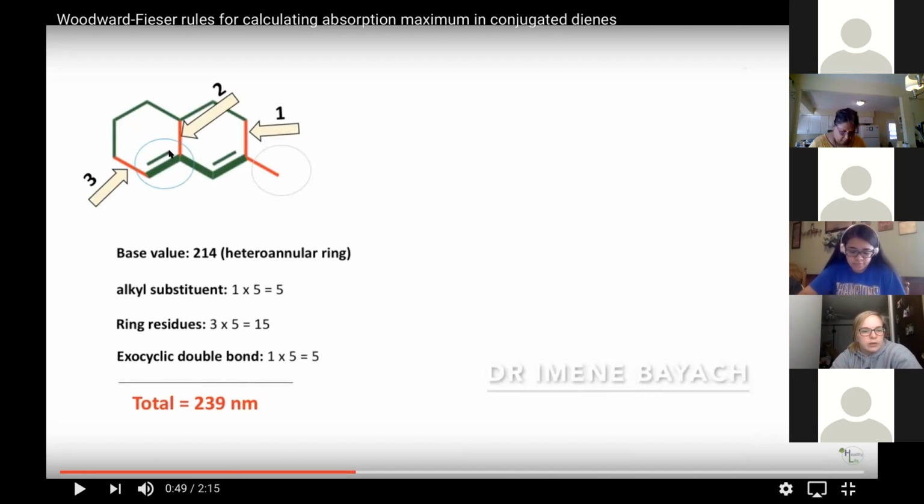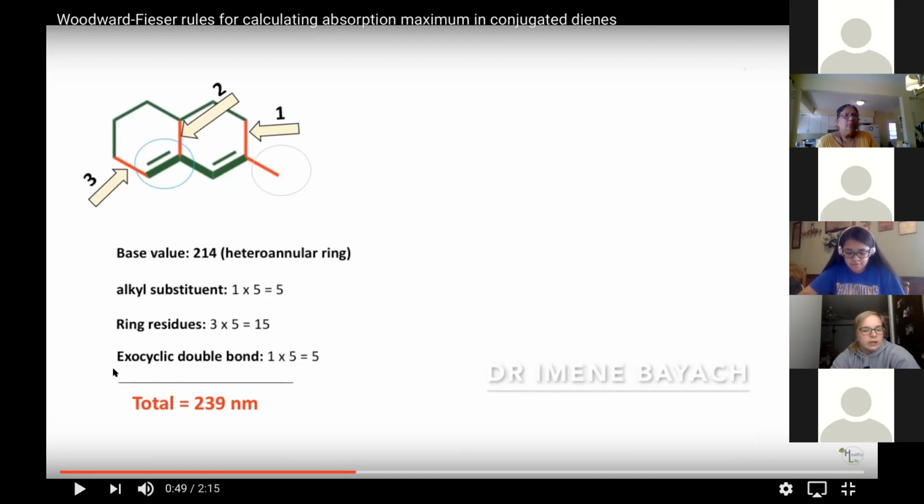So then for this one, again, your conjugated pi system. But since these are in two different rings, it's going to be a heteroannular ring. And then you're going to have this one substituent that they have circled here. They multiply that by 5, and then they call these other ones that are connected to it ring residues. But they have the same values, so you can just look at them as more alkyl substituents because you multiply them by 5 still.